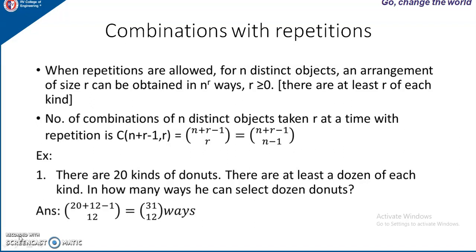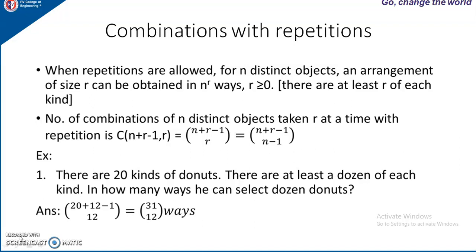Here the note has to be made that n is the number of distinct objects. Example, there are 20 kinds of donuts. There are at least a dozen of each kind. In how many ways can one select a dozen donuts?